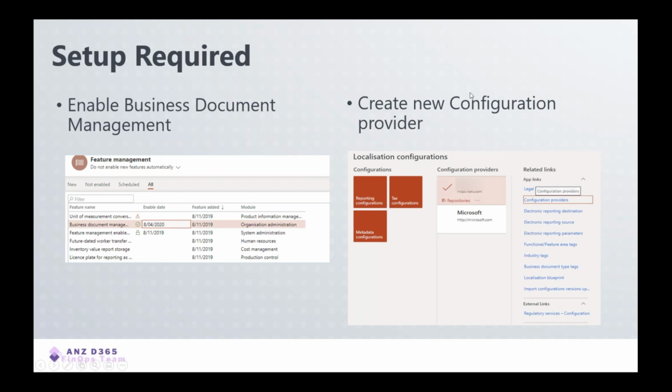And in terms of configuration, we have a configuration provider which we have to develop in order to create your report. Now, Microsoft has brought a couple of reports, or EFT files, electronic file payments, into their repository as a shared library. So there are purchase order reports, sales order reports, sales invoice, and fixed asset roll forward reports.